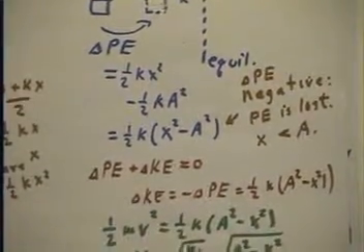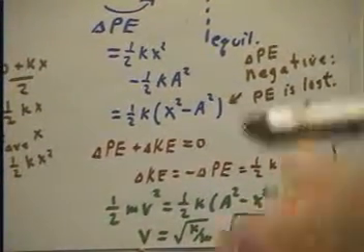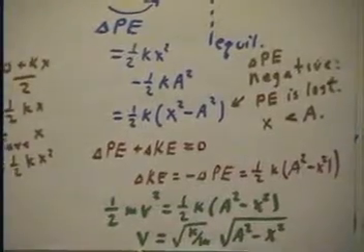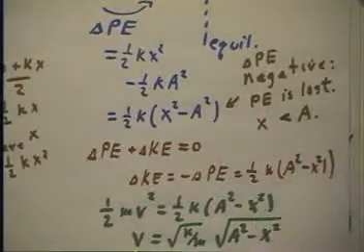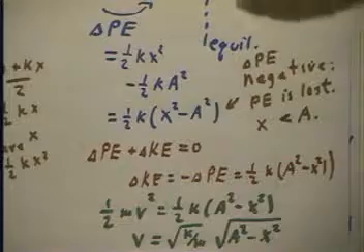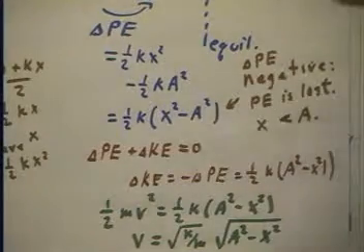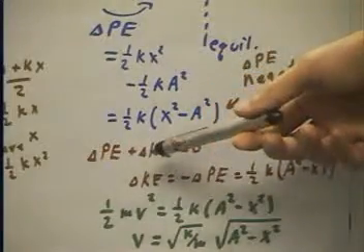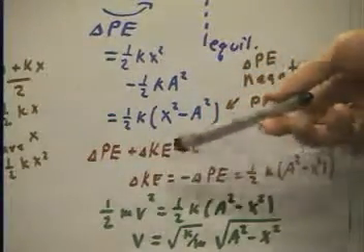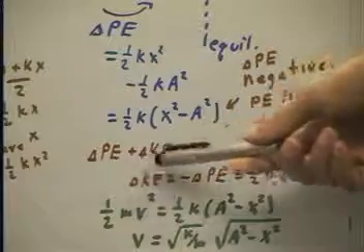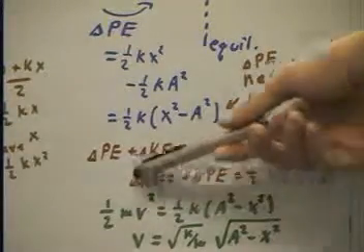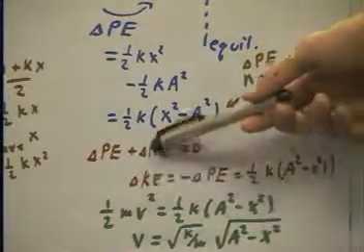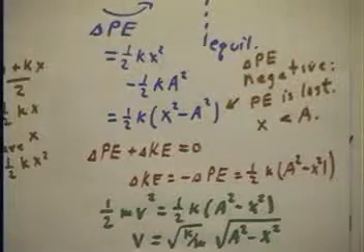Our conservation of energy, if we assume that we have a well-greased oscillator that doesn't lose any significant amount of energy, at least over the time we're observing it, we can say that the change in potential plus the change in kinetic energies is 0. And this just simply states the obvious, that whatever potential energy is lost is gained in the form of kinetic energy.